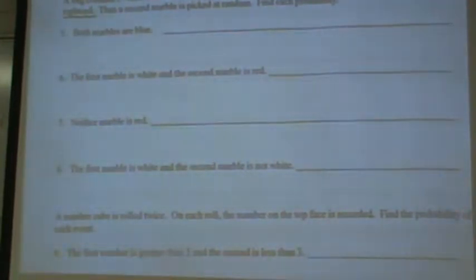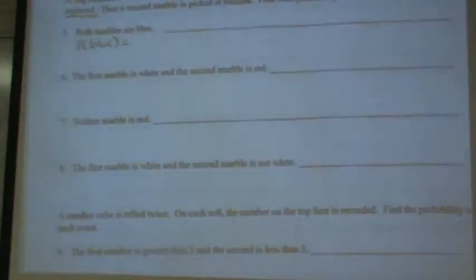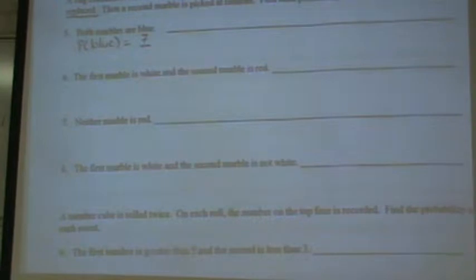So for number 5, we want to find the probability that both marbles we pick are blue. So we need to find the probability of blue. So there are 7 blue marbles, and that's out of, we have 3 white plus 2 red, so that's 5 plus the 7 blue.